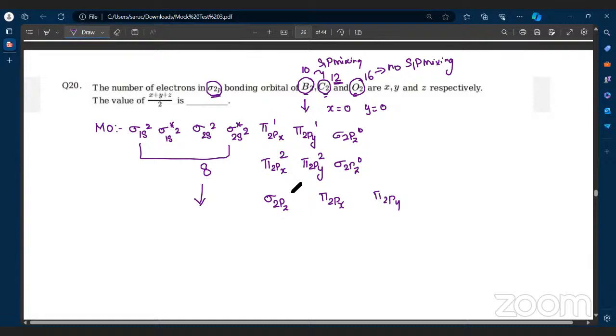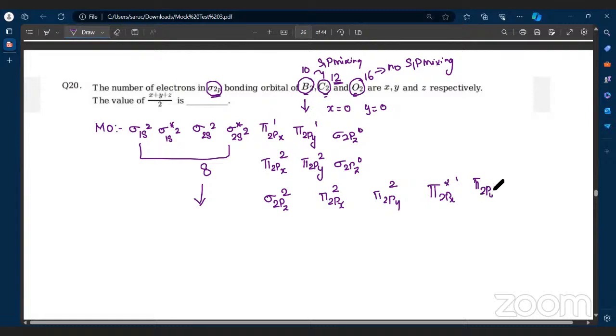So 14, then 16, and then comes the pi star orbitals.